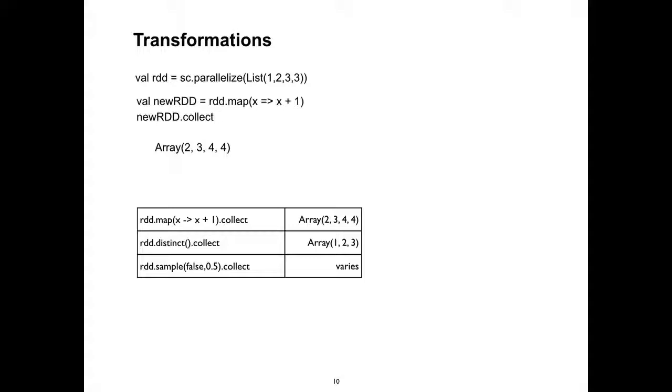And then when I call collect, which is an action, the action takes the results that are on all the worker nodes and brings them back to the master node, and collect just gathers all the data, and collect returns it not as an RDD but as a local data structure. When we're in Spark, it returns an array.